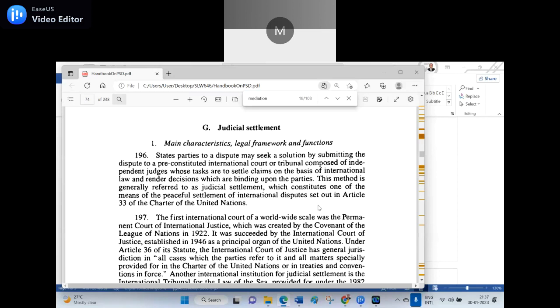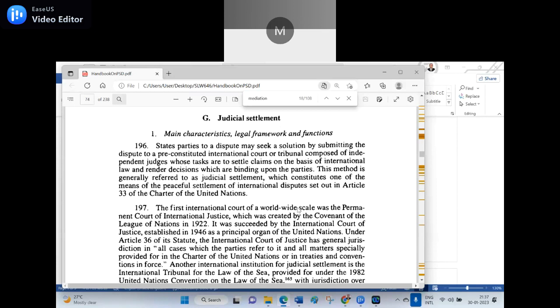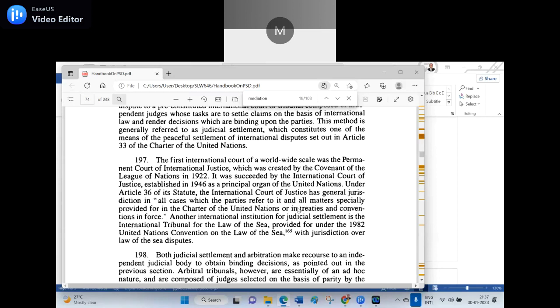What settlement? Judicial settlement. Repeat. Judicial settlement is inserted in Article 33 of the United Nations Charter. To whom does it apply? To the parties, those who are members of the charter. Is it clear?